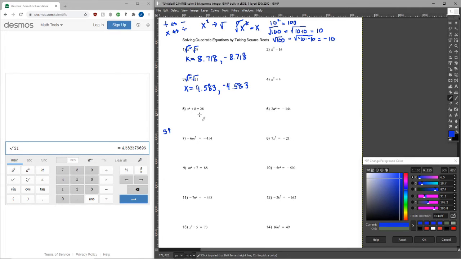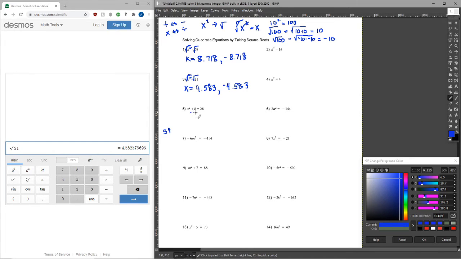Okay, now let's look at number 5. Number 5 is a bit different because you have something else on that left-hand side with the x squared. You can't take the square root before you get the x squared all alone. So you've got to get rid of that plus 8. Remember your inverse operations and do the opposite of plus, which is minus.